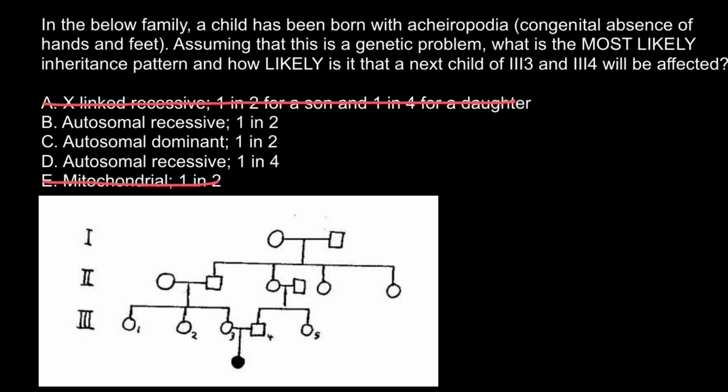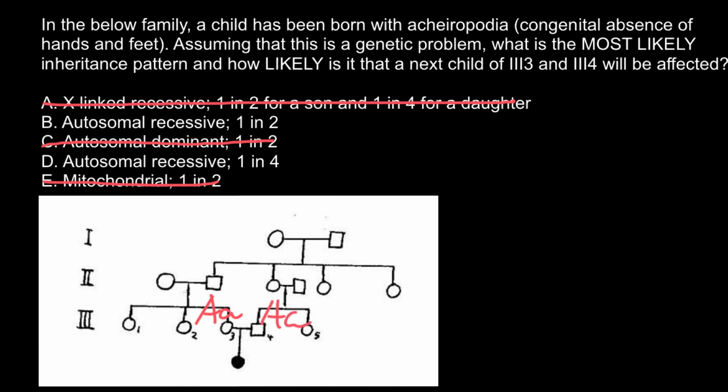So we are left with two answers: autosomal recessive 1 and 2, or autosomal recessive where the probability that the next child would be affected is 1 out of 4, and we have to choose. We can see such a picture if both parents are heterozygous and the genetic disorder is recessive.